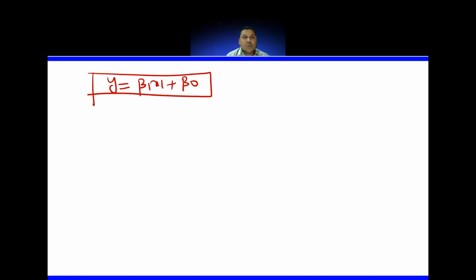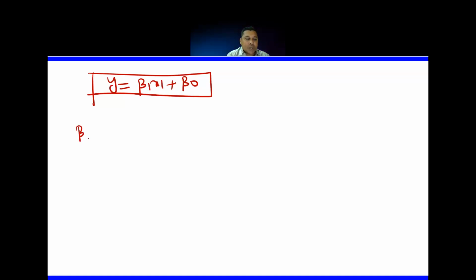Given the values of x and y, how do we try to find out? Assume the equation is y equal to beta 1 x1 plus beta naught. Assume this is our linear equation. I want to find out the value of beta 1.